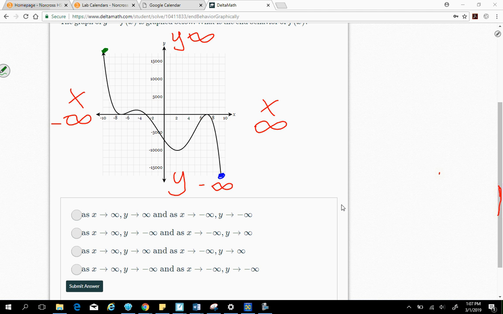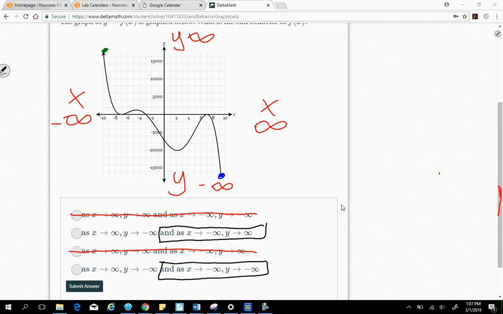Which y is it closer to, negative infinity or positive infinity? Negative infinity. So as x goes towards infinity, y goes towards negative infinity. So I can get rid of this one, and I can get rid of this one. So now I'm looking at this part of it, and it's B.